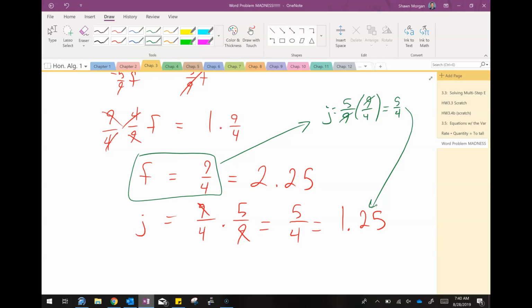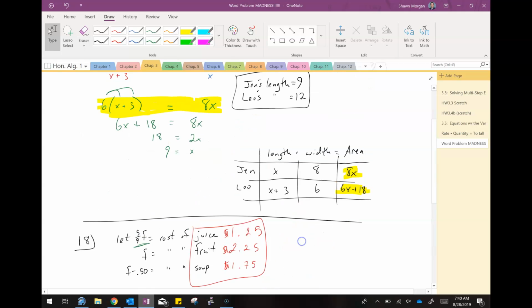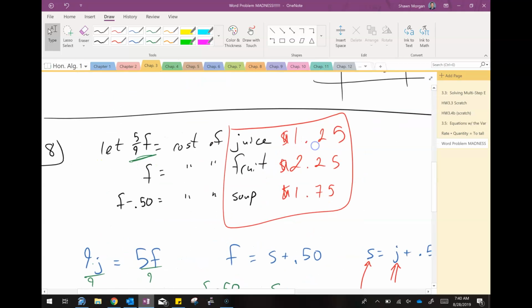Also, I have 2 questions. First question, on the last question review, it said 1 bowl of soup costs 50 cents more than 1 kind of juice. Couldn't you just take soup then and subtract it by 50 cents? That's actually what Aiden did. If you didn't hear what his question was, he said, if we know the fruit costs $2.25, and it says the soup costs 50 cents less than that, that's exactly what we do.